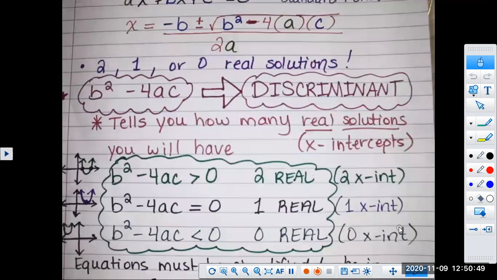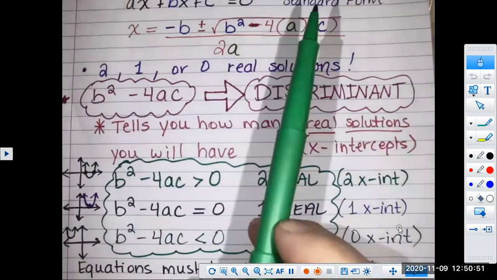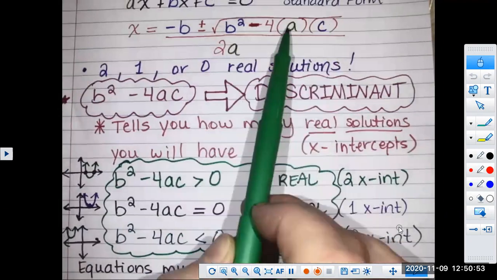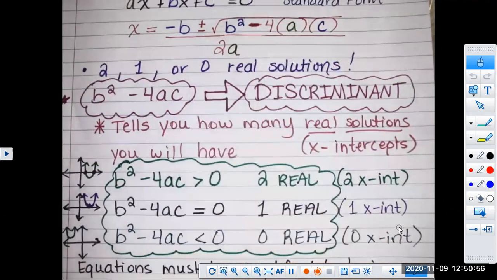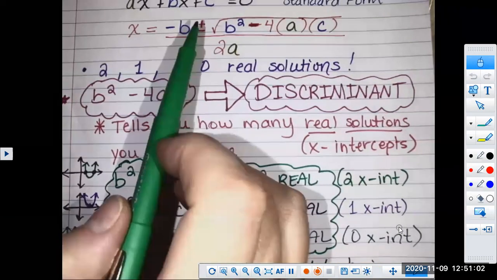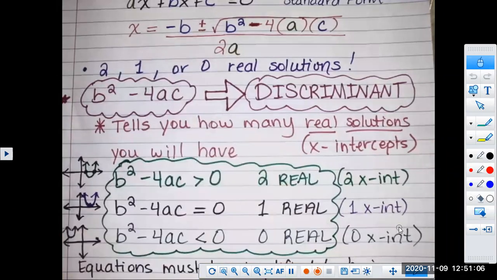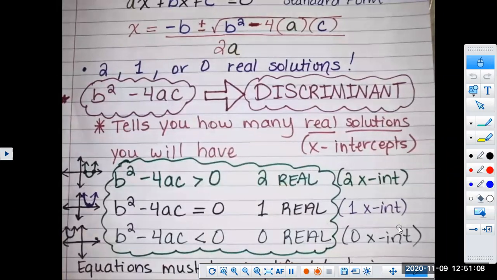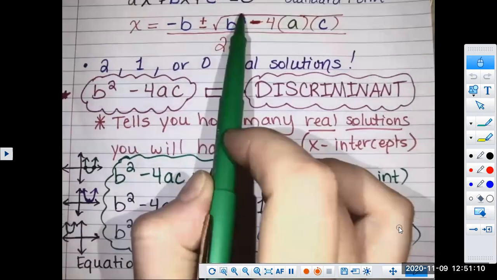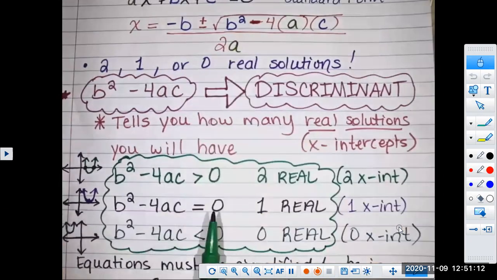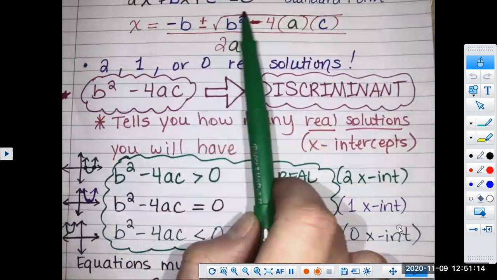let's go back up really quick. If I get a number under the square root that is positive, can you take the square root of a positive number? Yes, absolutely. So I'm going to have positive or negative square root of whatever. So I'll have 2 solutions. If I get that this discriminant value is 0, what's square root of 0?